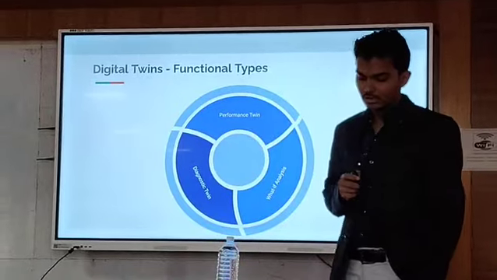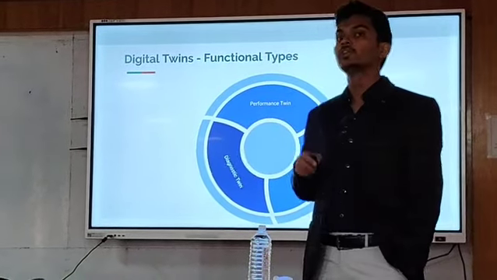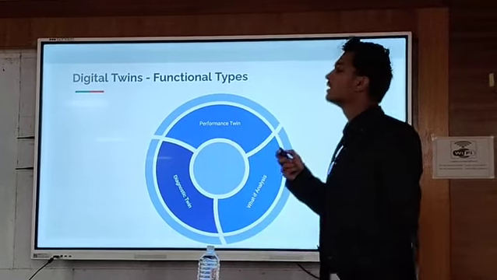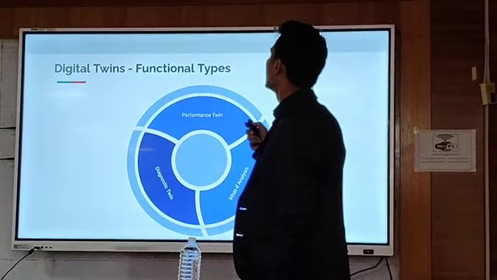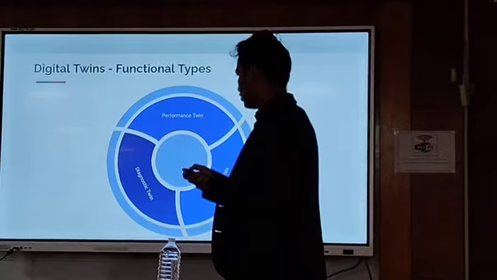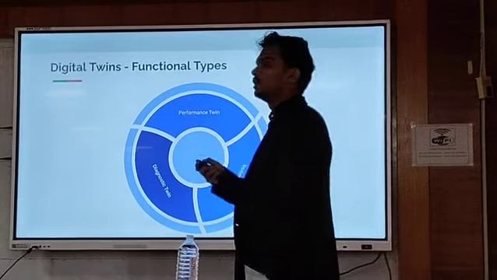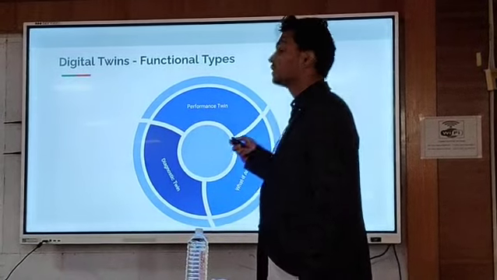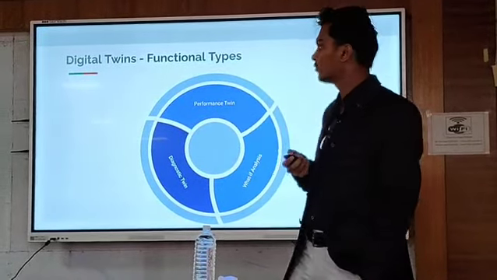Digital twins also serve functional purposes. This is one slide that I have worked on and what we have defined over the last couple of years. But moving forward, there may be other functional areas where digital twins are required.